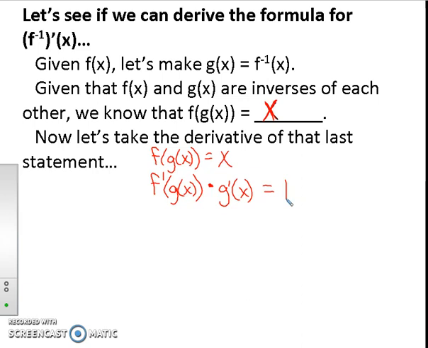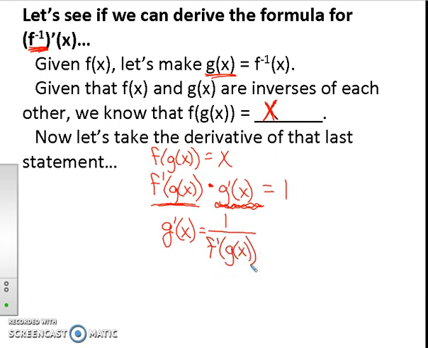Okay. Now what I'm looking for is a formula for the derivative of f inverse. Well, remember, f inverse is the same as g. So I'm essentially trying to find a formula for g prime of x. So that means I need to isolate it by itself. Right now it's being multiplied by this expression right here. So to get g prime of x by itself, I will divide by that.